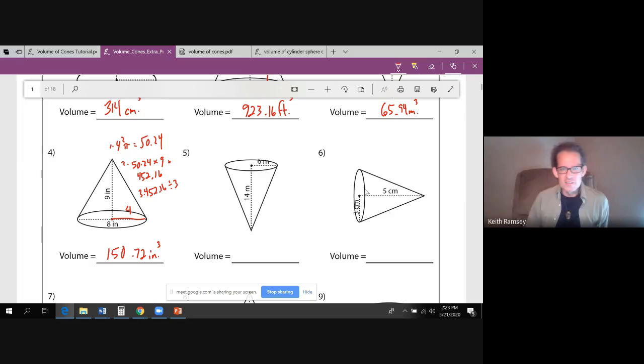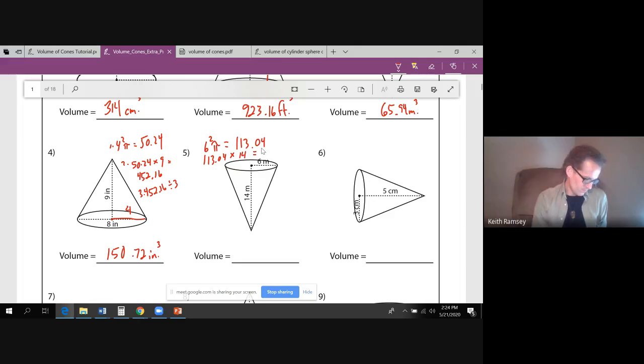Okay, let's take a look at number 5 there. So radius squared would be 6 to the second power. That's 36 times pi for the area of the base. So 36 times 3.14 should be 113.04. That's your first step. Then you want to multiply that area of the base times the height, which looks like it's 14. So 113.04 times 14.